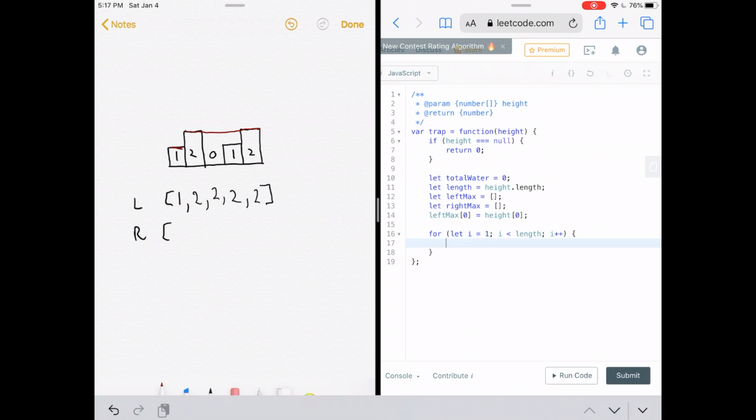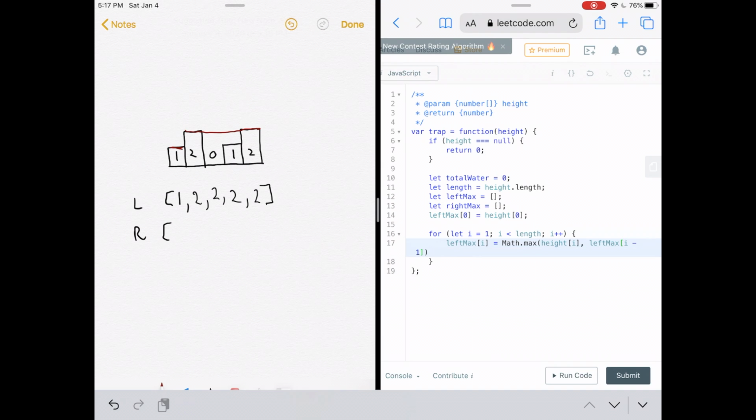In code, that's leftMax[i] equals the maximum of height[i], which is the same index in the height array, and the max up to that point in the left array, which is leftMax[i - 1].